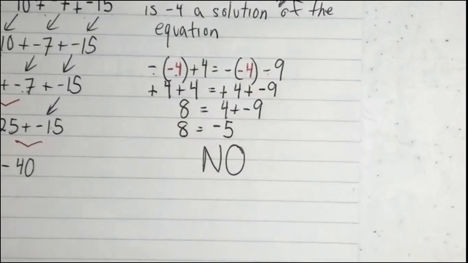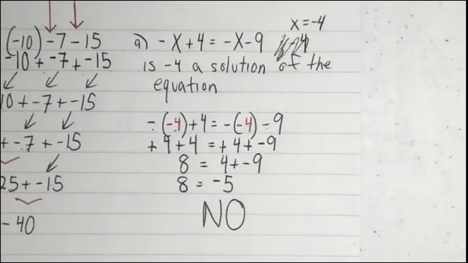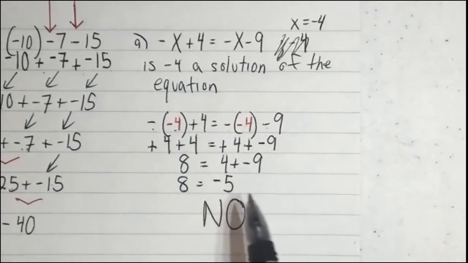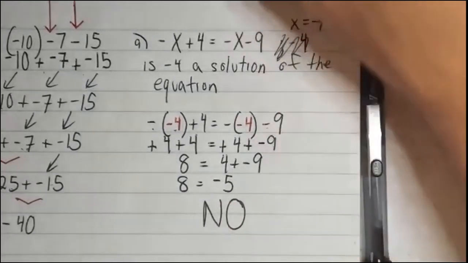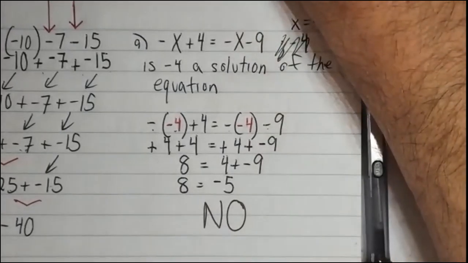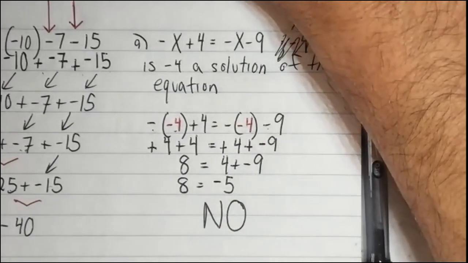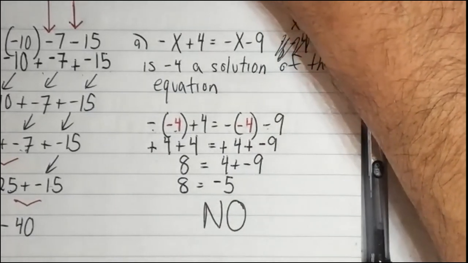No, it does not. So is negative 4 a solution of that equation? The answer is no, because they do not equal each other. If they did equal each other, then you would say yes. So that is 1.6, the video we just did.